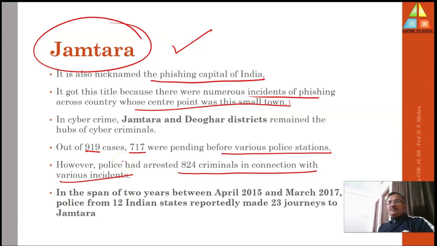In the span of 2 years between 2015 and 2017, police from 12 Indian states reportedly made 23 journeys to Jamtara. So we may term Jamtara the cybercrime capital of our country, because most of the cases related to phishing and other cybercrime activities have some base or connection with this place.